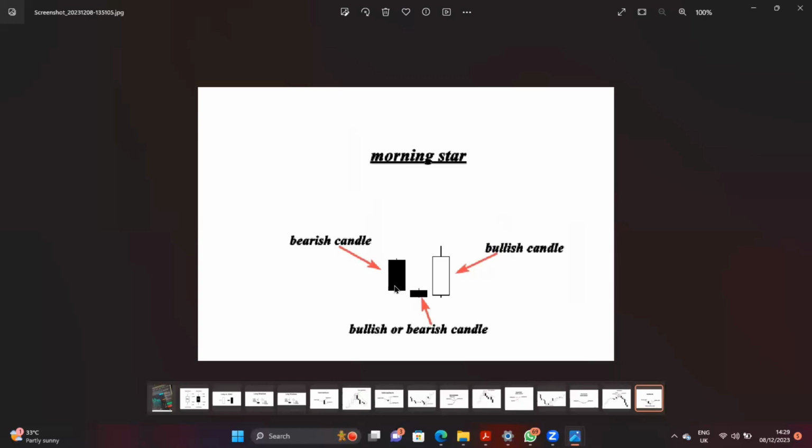When this pattern occurs at the bottom of a downtrend near a support level, it is interpreted as a powerful reversal pattern. I am emphasizing this so you can understand.